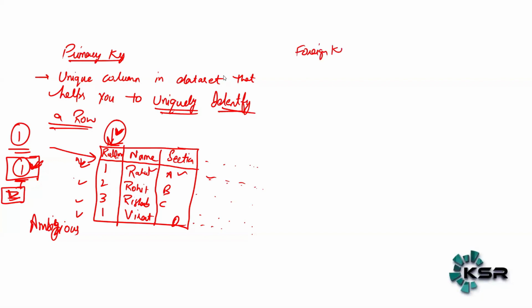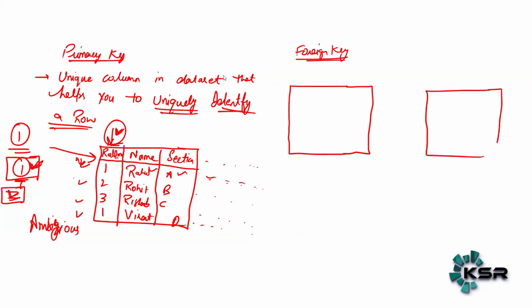The foreign key concept will come when you have 2 tables. So these are 2 tables. Suppose this is the student table and this is the department table.